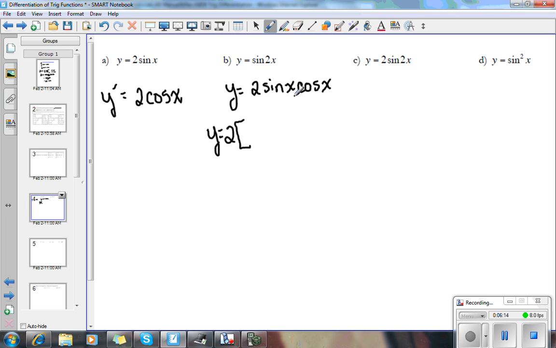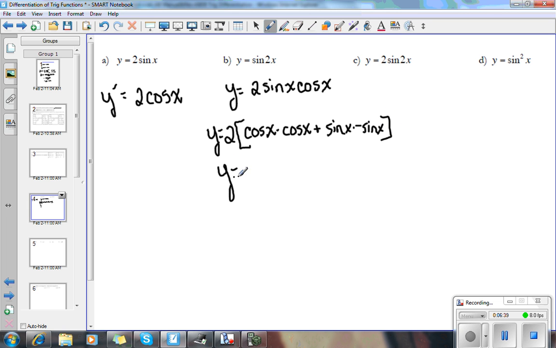So it's going to be u prime v, so it's the derivative of sine, which is cosine x, times cosine x. That'd be the u prime v, plus u v prime, which this is going to be negative sine x.